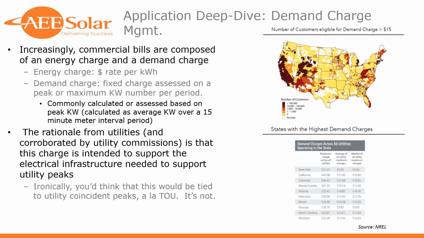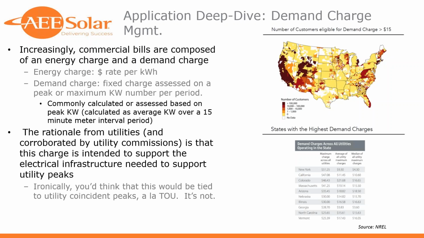So an energy charge, and that's a dollar or cent, hopefully a cent, rate per kilowatt hour, and bills may be a combination of TOU or peak off-peak, but basically at its essence, you use this much energy, here's your rate, ipso facto, here's your energy charge. They're doing this based on, well, we had to buy fuel, or we had to run a generation to provide that energy, therefore here's your bill.